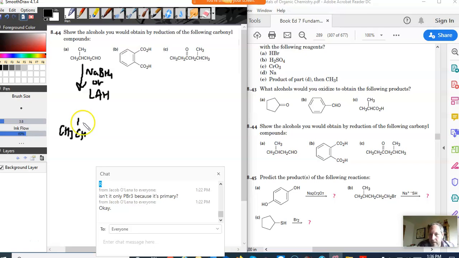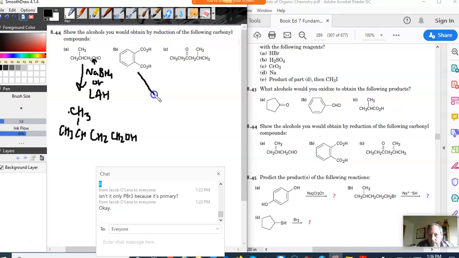That's why it's important to come to class, because the video might not be incredibly accurate. All right, CH3, CH3, CH2, and then the one that has the CHO on it becomes a CH2OH. That's where your alcohol turns up, on that carbon right there. In this case, you have 2 carboxylic acids, so which reagent are you going to use?